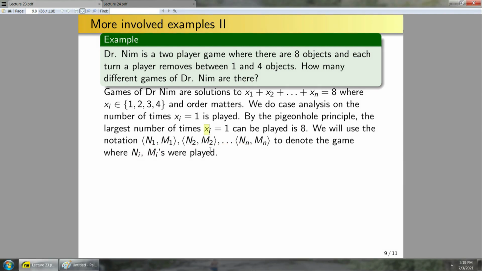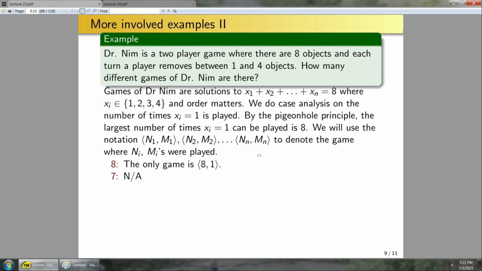Okay, so for the first case, if I played 1 8 times, the only game in this case would be 8 number 1s getting played. And there is only one way to arrange this because both players just take 1 each time. Now for games where 7 number 1s are picked, there are no actual games because the last player only has the option to take 1.